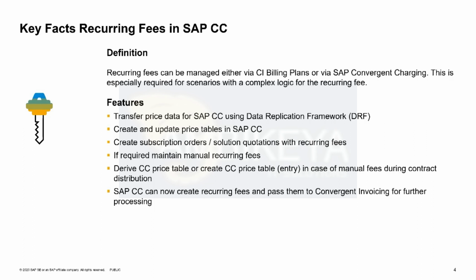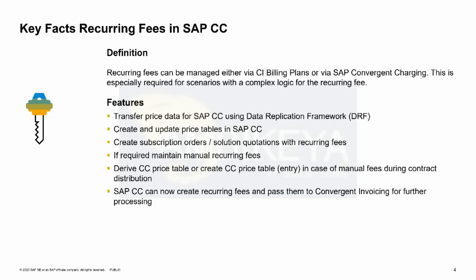To get this functionality running, we had to work a lot on new frameworks to get the master data distributed to SAP CC. So we have as features the transfer of price data to SAP conversion charging using the so-called data replication framework, DRF.